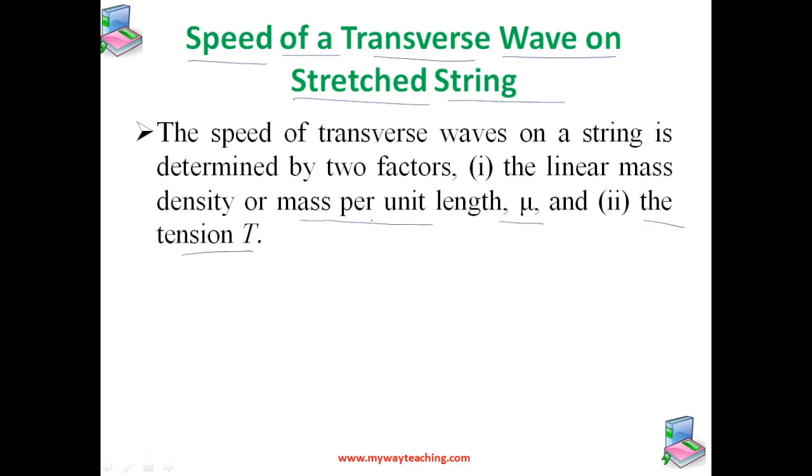For waves on a string, the restoring force is provided by the tension T in the string. That restoring force is nothing but the tension force. The inertial property will in this case be the linear mass density mu.